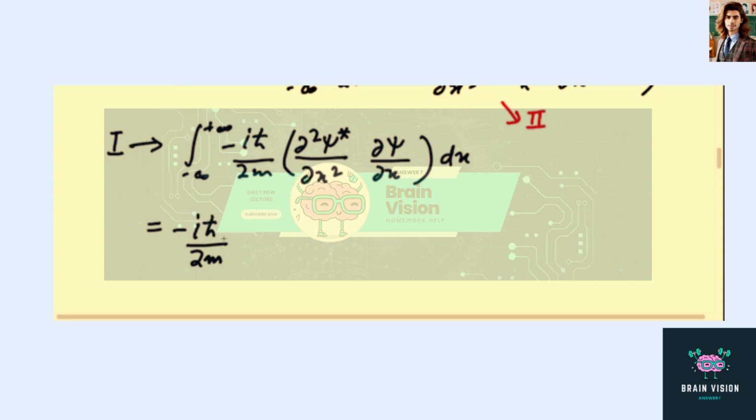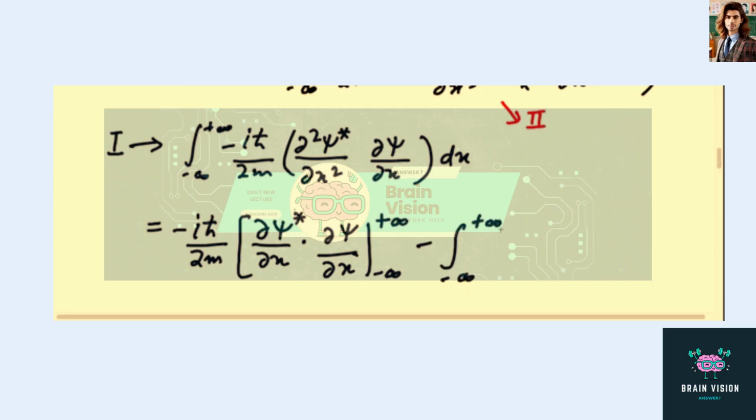Let's integrate this. This is the second derivative, this is the first. That means the integration of this will be ∂ψ/∂x, as it is, with limits minus infinity to plus infinity, minus the derivative of the first, that is ∂²ψ/∂x², and the integration of this, that is ∂ψ/∂x.